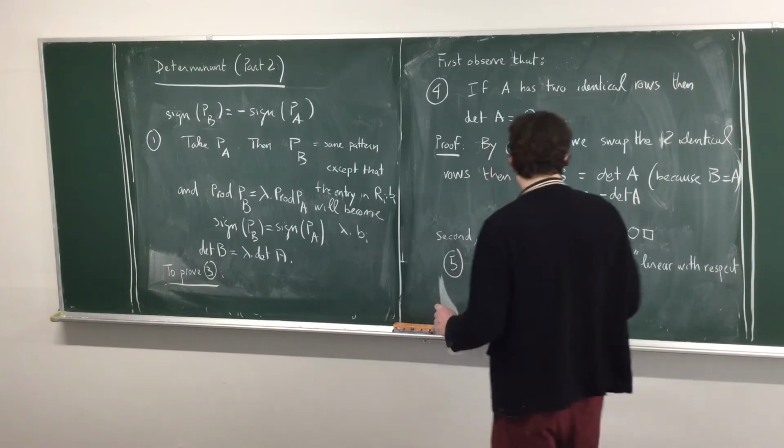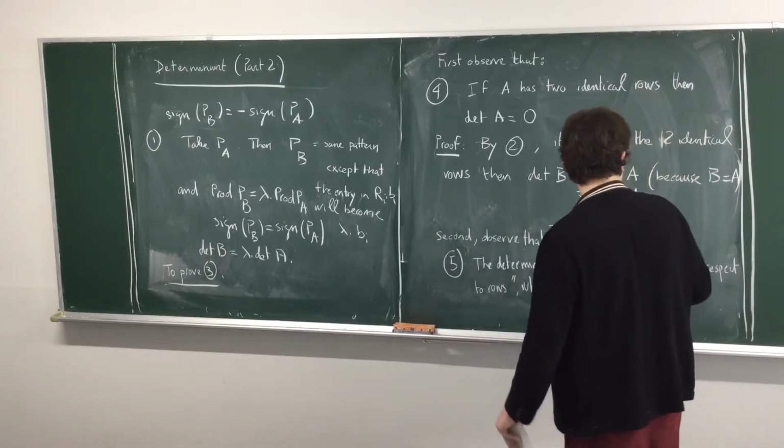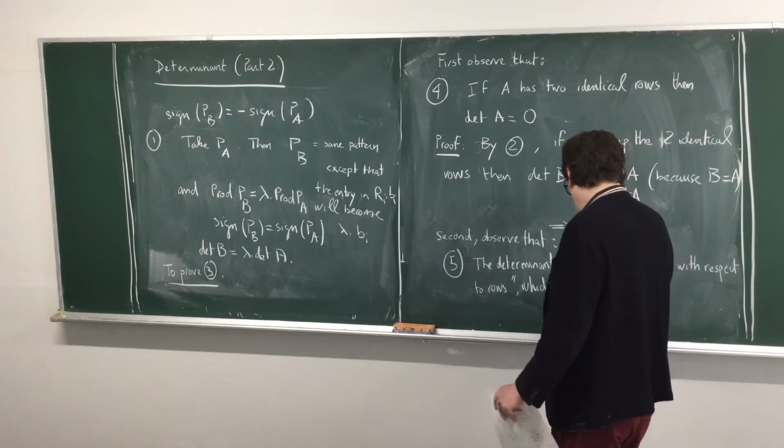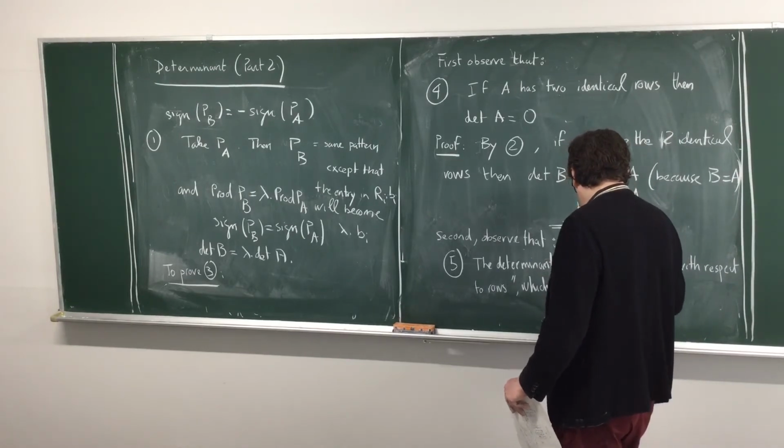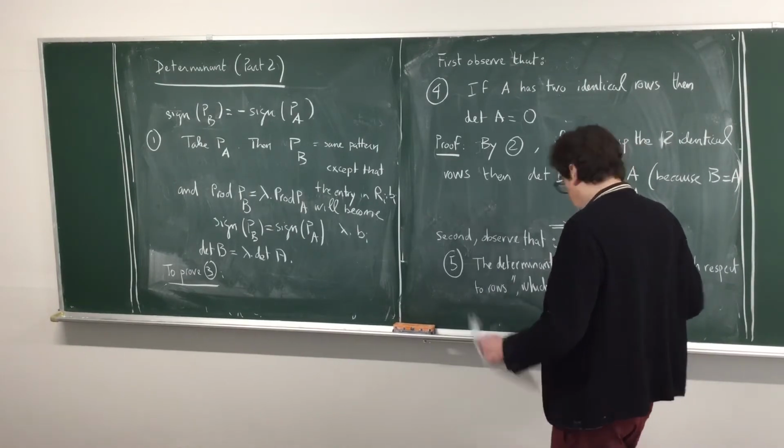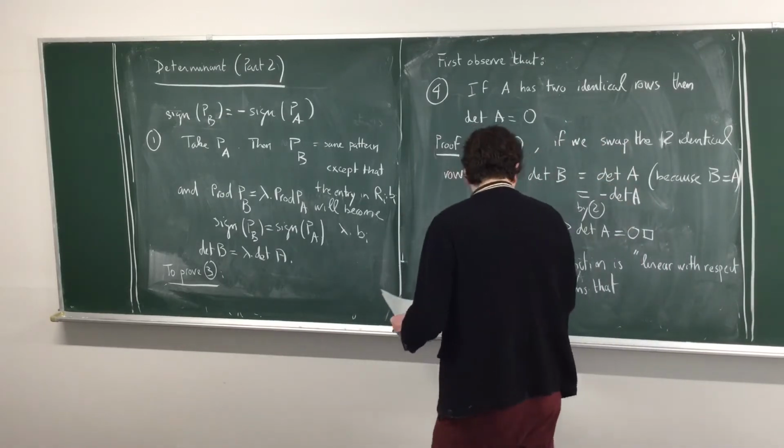And I explain next what I mean by being linear with respect to rows. So this means the following.